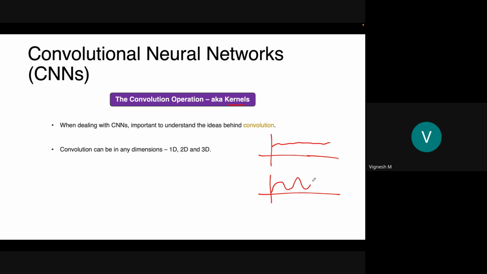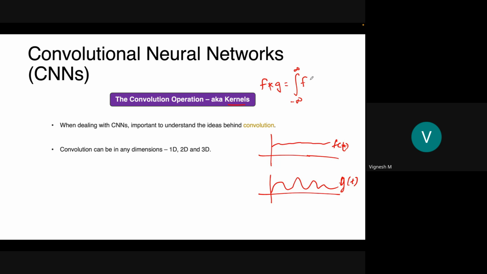The mathematical operation, if this function is f of t and this is g of t, is represented by this star operation, f convolved with g, and you integrate from minus infinity to infinity.